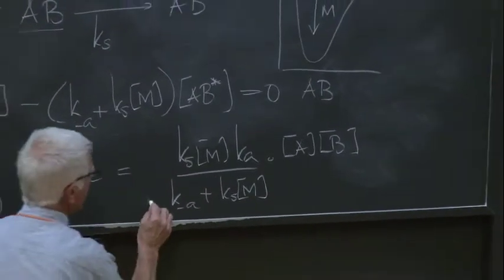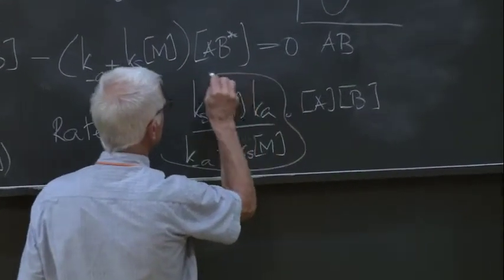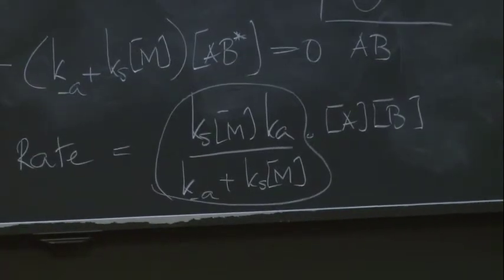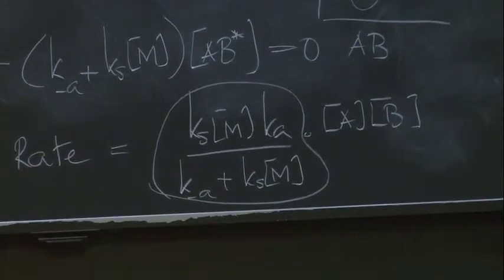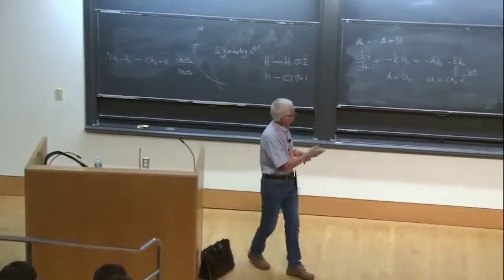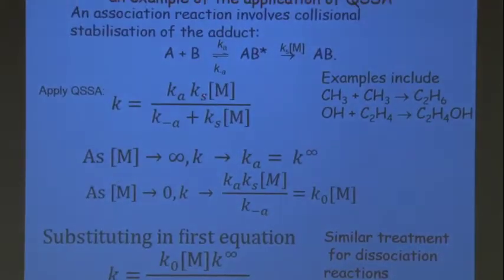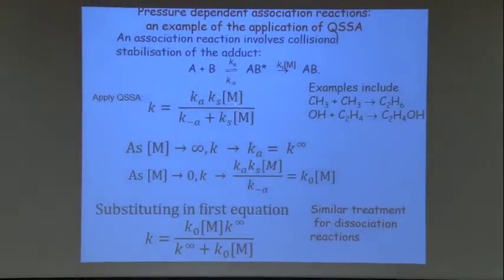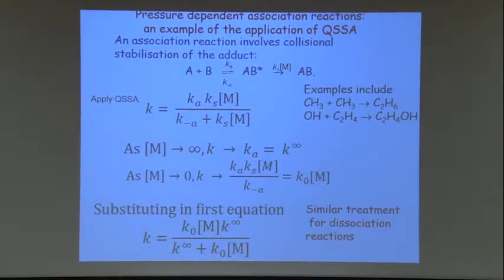And this thing here is going to be the rate constant. So we've got the rate constant out of that by applying this steady state approximation. And the interesting thing about it is what happens as we vary m.